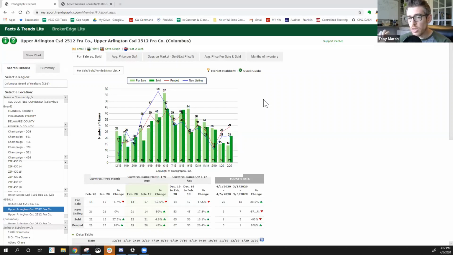And really the in contracts are the most history you should be paying attention to, because what sold last week is a reflection of what the market was at the end of February or beginning of March, which was before all of this started.